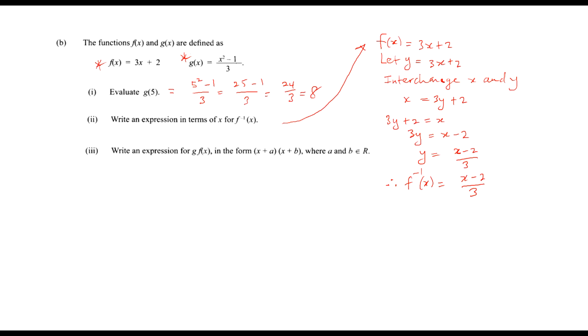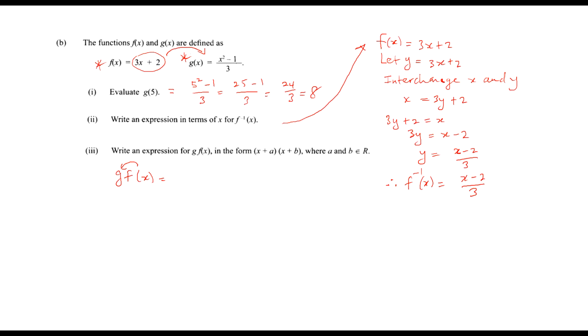And then the next part, now they want to find g f of x. Essentially what we have to do is take the function f and plug it into g. So we are taking f of x and plugging it into this function here.